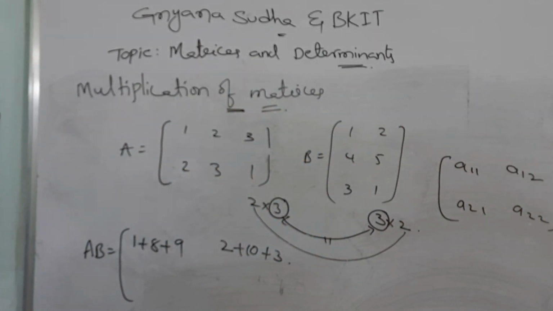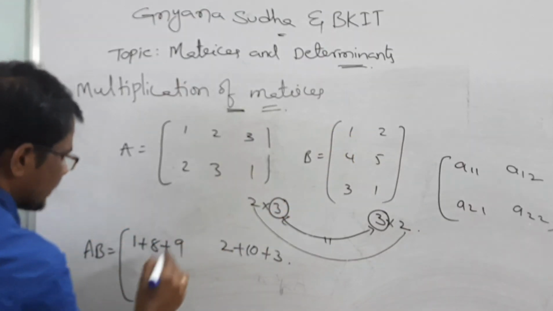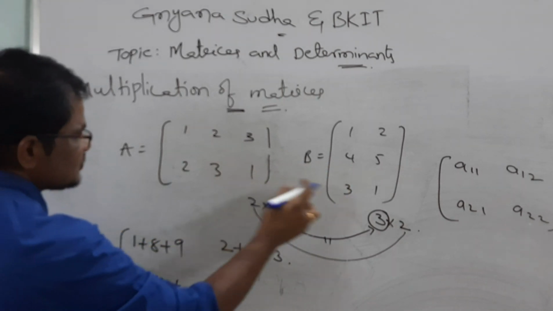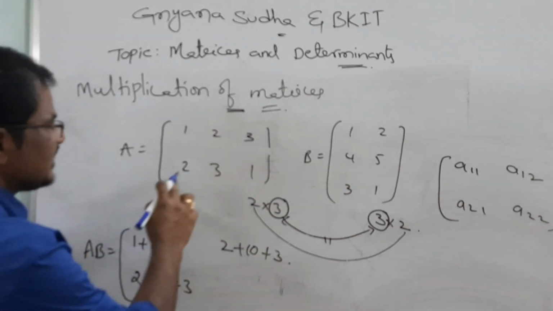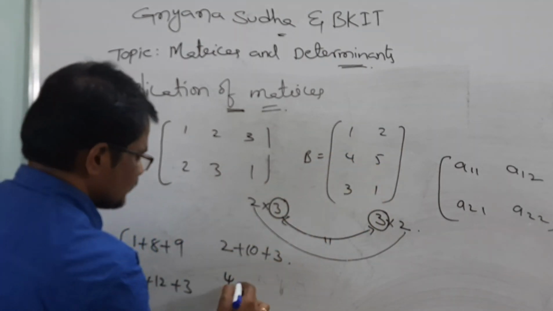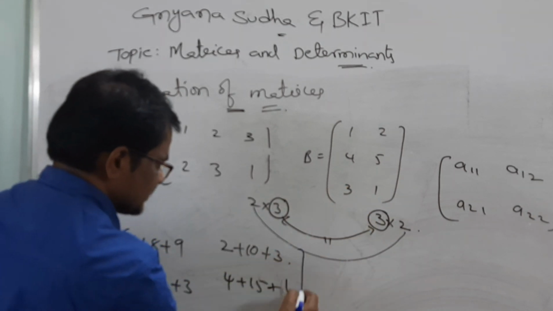Okay? Now here we are multiplying second row with the first column: 2 into 1, 2, plus 3 into 4, 12, plus 1 into 3, 3. And second row with second column: 2 into 2, 4, plus 3 into 5, 15, plus 1 into 1, 1.